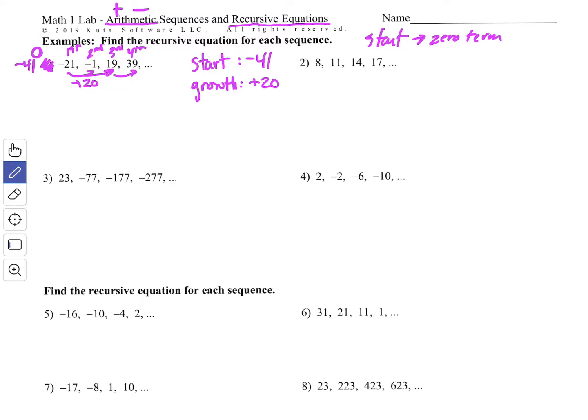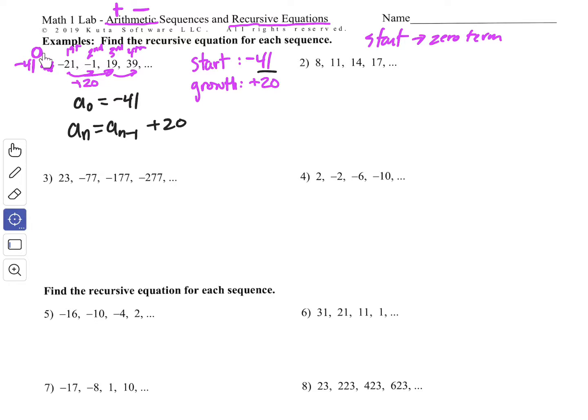Now comes the weird part, okay? So what we need to write is a sub 0 equals our start number, negative 41, okay? Then a sub n equals a sub n minus 1 plus 20, okay? Now there's a few things about this that we need to talk about, okay?